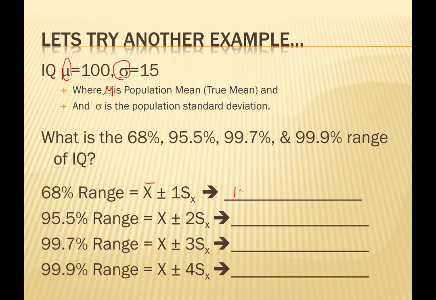So that would be 100 plus or minus 15. And when you calculate that, that gives you the range. So you say the majority of the people have an IQ between 85 and 115, right? So similarly, you can try the other calculations to come up with the range within which the population's IQ falls.